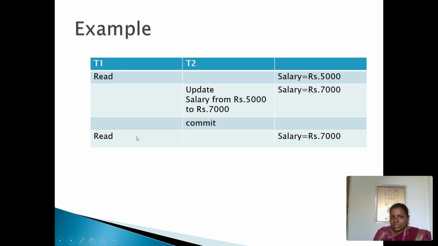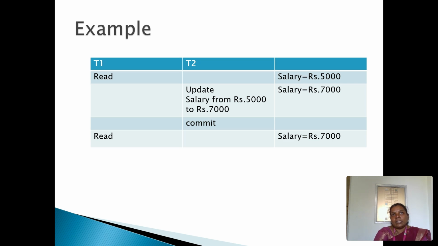Now in transaction T1, we read the data again, and here the salary is 7,000. So the first time slot the salary is 5,000, and the second time slot the value is read as 7,000. So here we have a conflict.